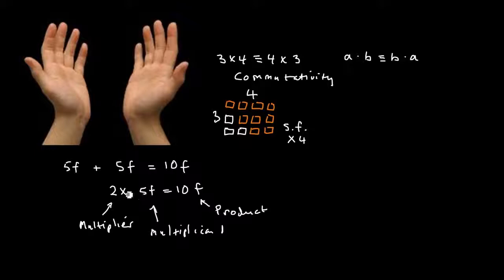And why are these all different? Well, it's obvious why the product is different: the operation of multiplication has combined these two to get the product. It's the answer, it's the result.